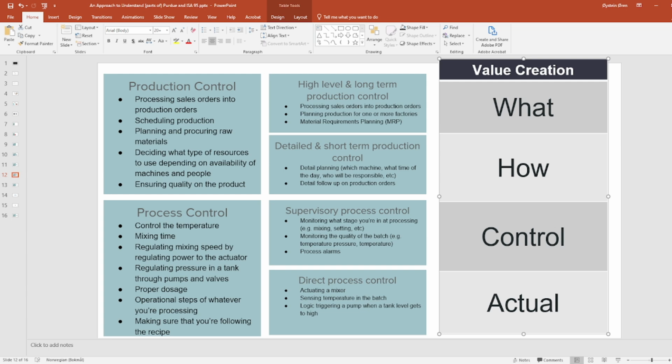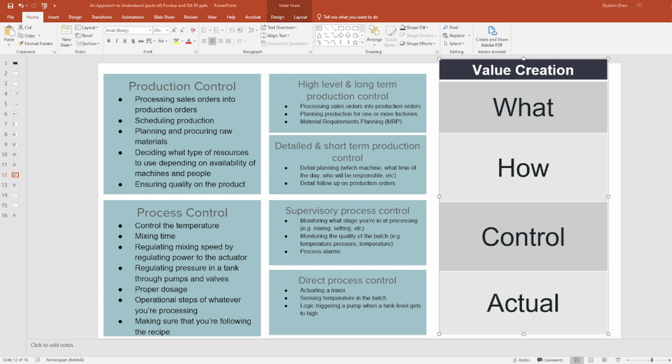Another way of thinking about it is that high-level production control is about establishing what creates value, what products have been sold or are expected to sell. Detailed production control is figuring out how to create value. When do I produce this?